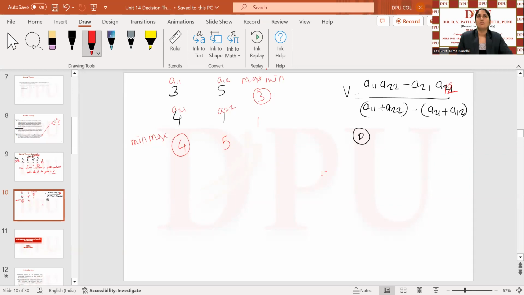So how to do the calculations here? a11 is 3 into a22 is 1, minus a21 is 4 into a12 is 5, divided by 3 plus 1 minus 4 plus 5.